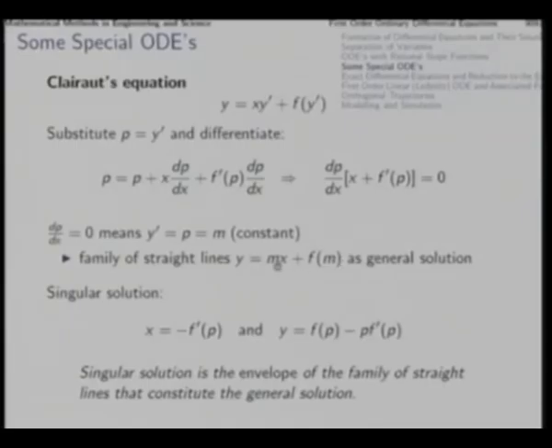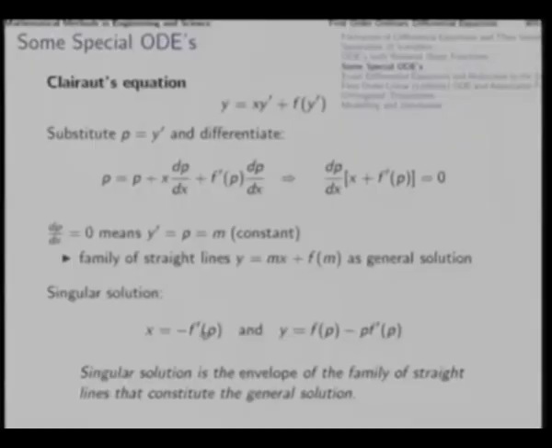So, with different values of m here, you get different straight lines, which are a family of straight lines, which is a family of solutions of this differential equation. Now, by giving the value of slope in this as p, you do not get different solutions, but you get different points on the same solution curve, and that solution curve is called the singular solution.